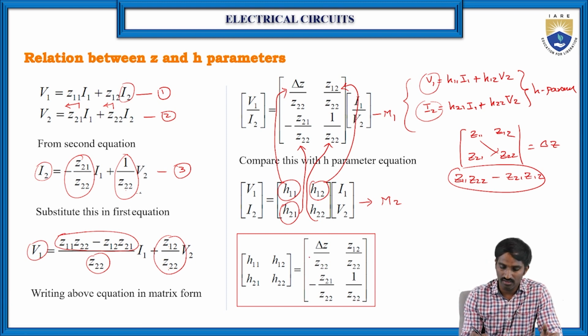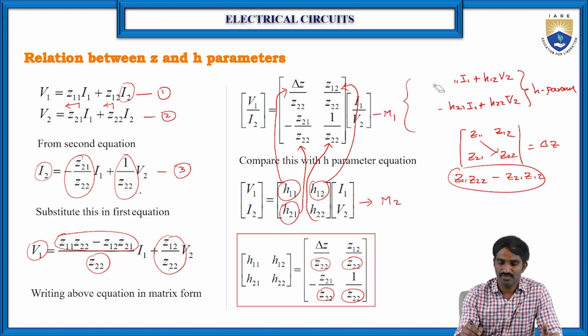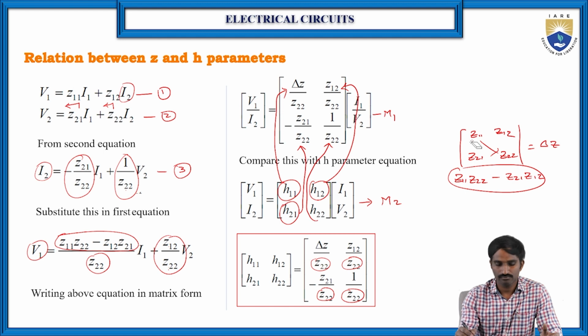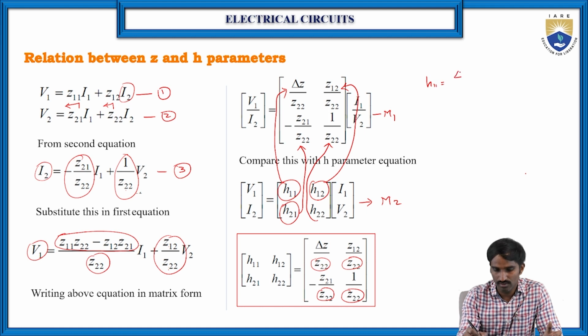As you can see, in all these cases the denominator is common, which is Z22. In that way you can also try to remember the relation between these Z parameters and the H parameters. From this matrix we can write the exact relation: H11 is equal to delta Z by Z22, and H21 is equal to minus Z21 by Z22.